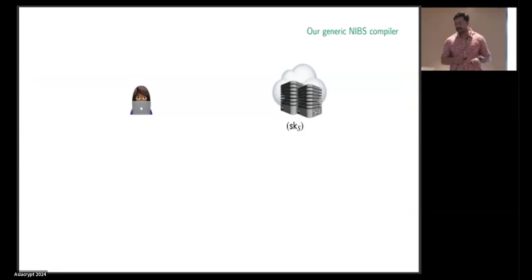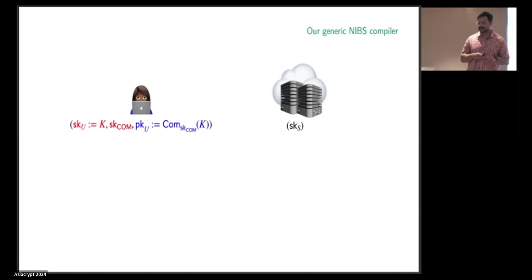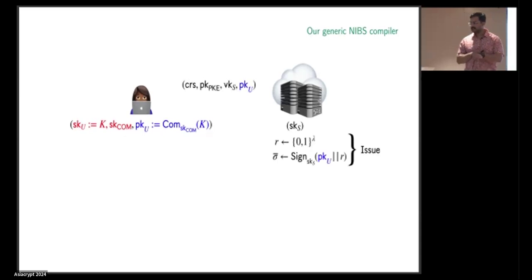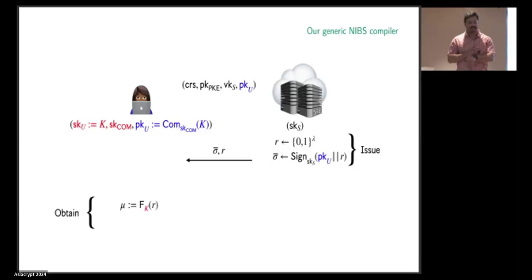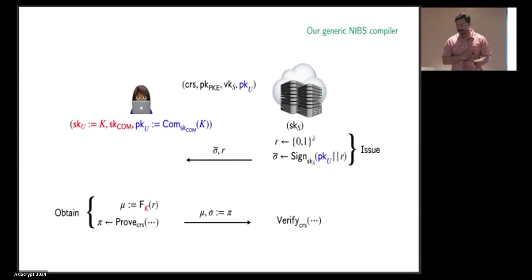So again, to illustrate this, the user first creates a commitment to the PRF key, and then the signer will sign both PKU and R. It will send over the pre-signature and the randomness, and the message mu is the PRF evaluation of R, along with a zero knowledge proof of knowledge of the commitment opening.